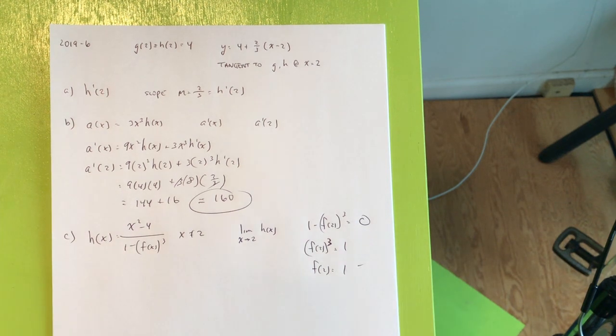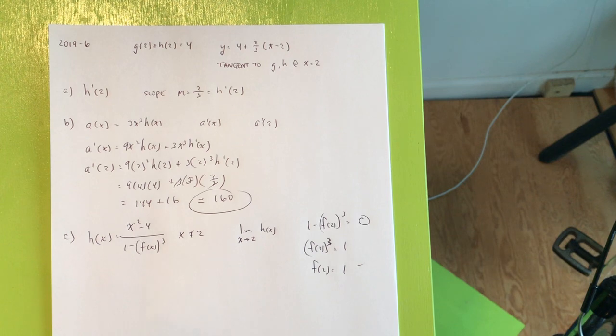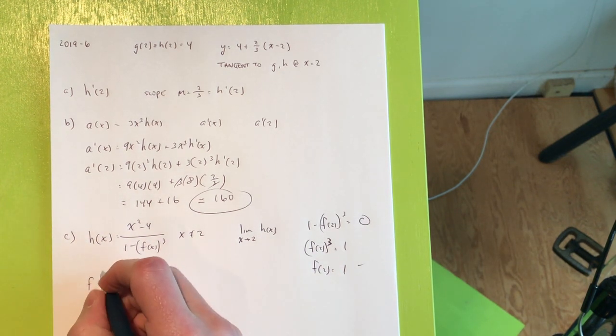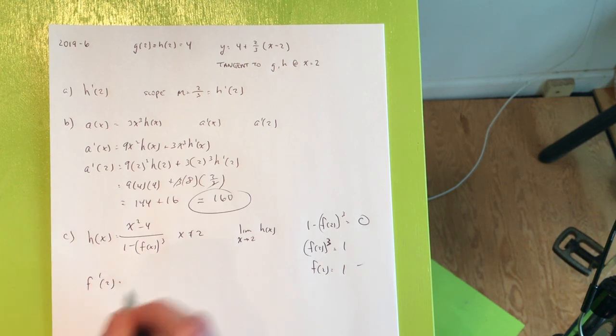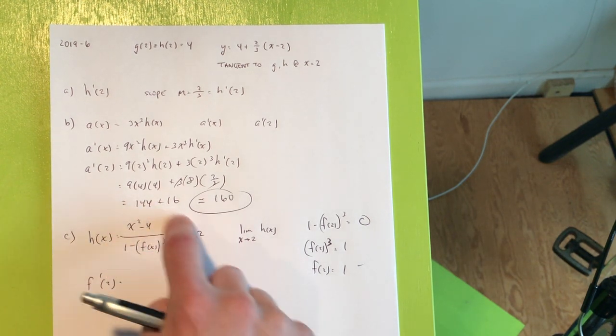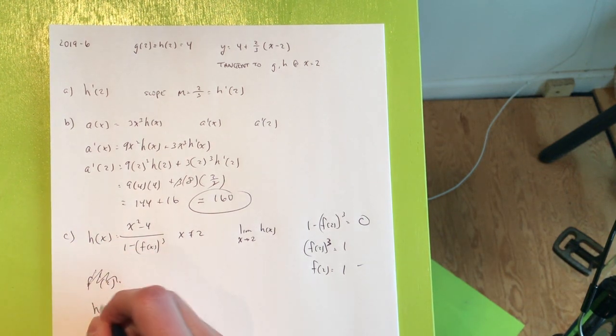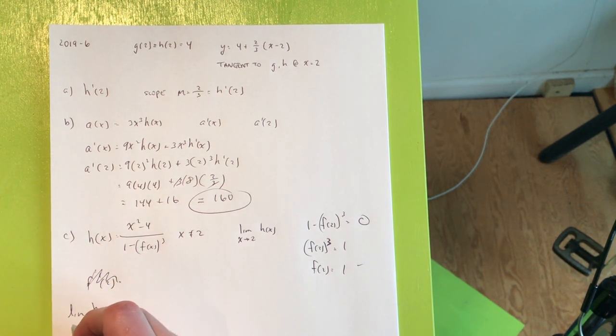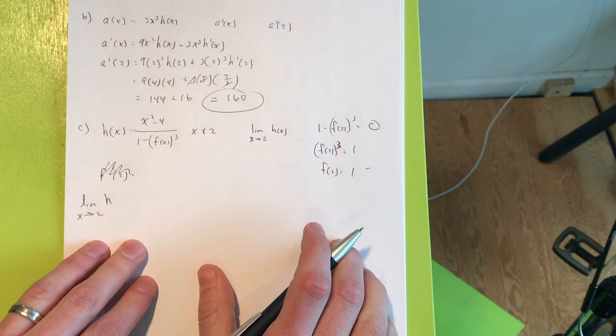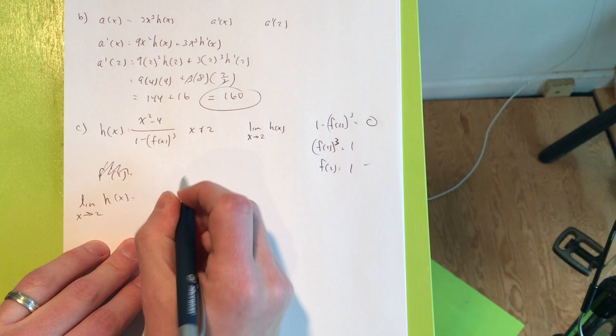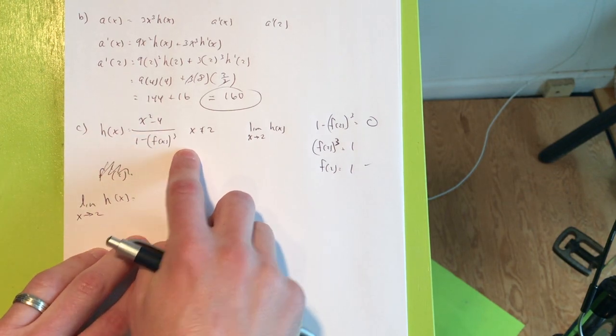So first part solved. We also want to use this limit to find f prime of 2. Since we can use L'Hopital's rule, that's going to give us that the limit as x approaches 2 of h of x is going to be the derivative of the top over the derivative of the bottom.